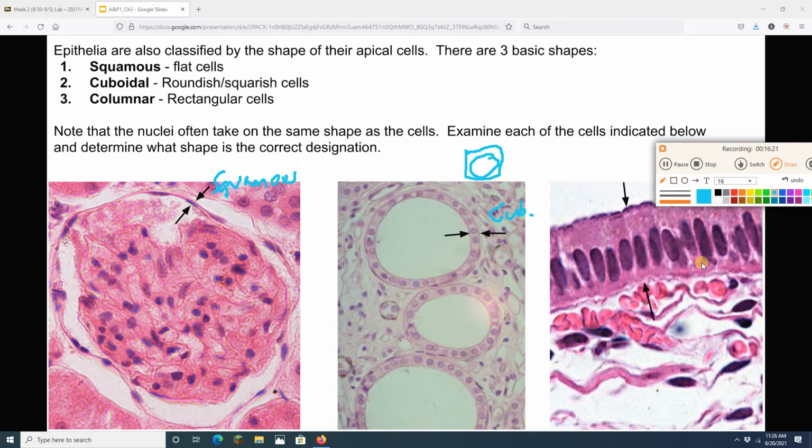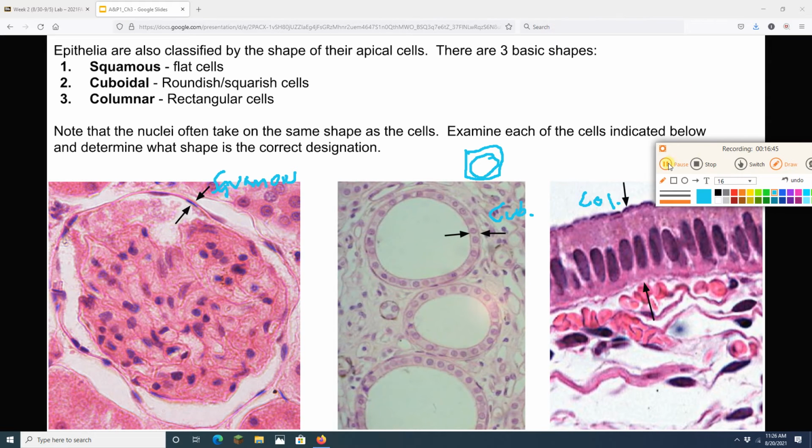That's right, cub. Now lastly, look how ovoid these nuclei are. Each of these cells here is going to be columnar. So, three basic shapes, two basic designations based on the layering.